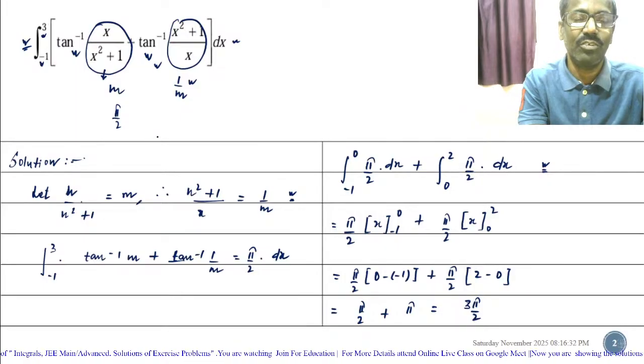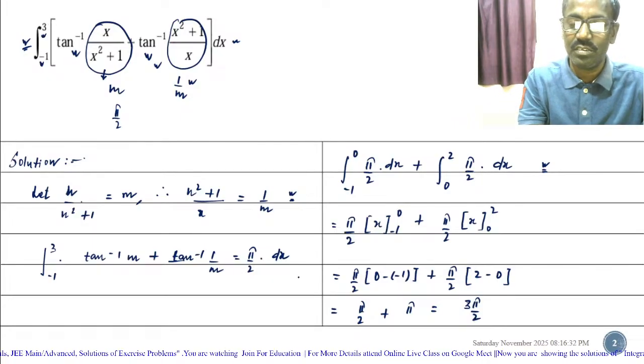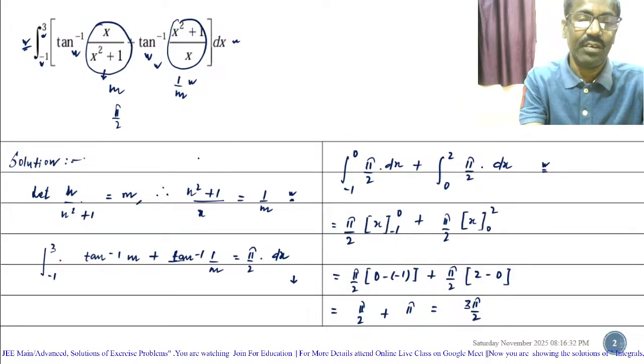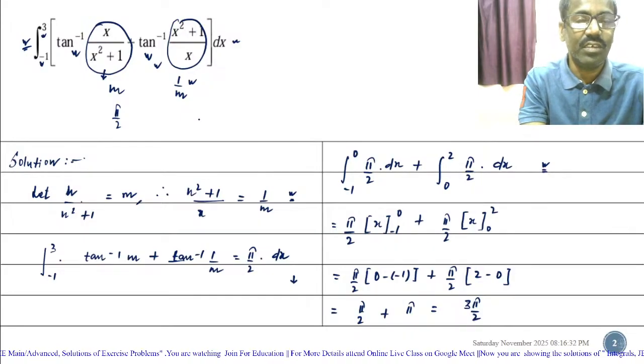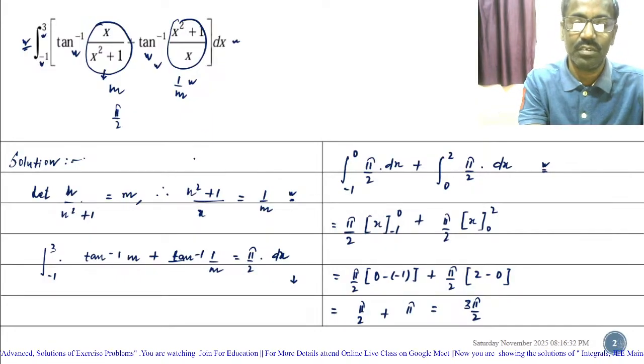So this is the detail of this question. The standard of the question is JEE Main or Advanced, and hope that there is no problem to understand the solution of this question.